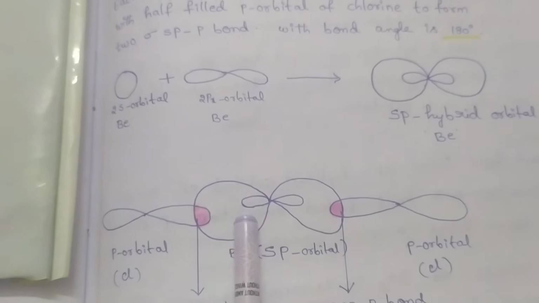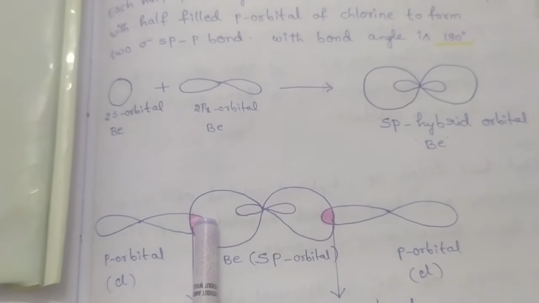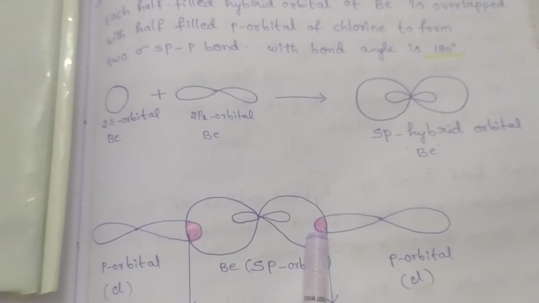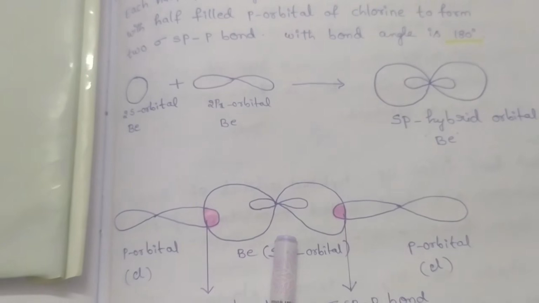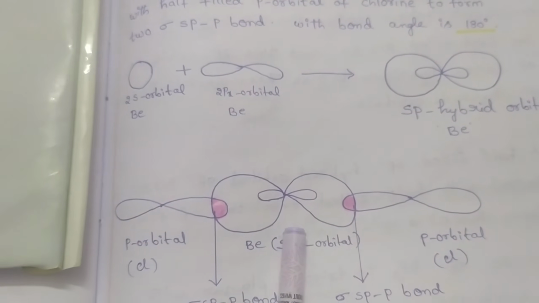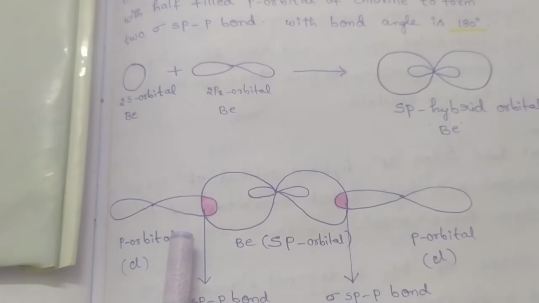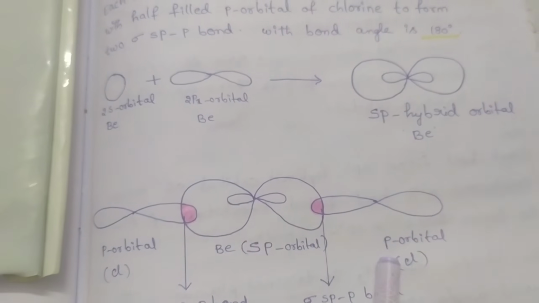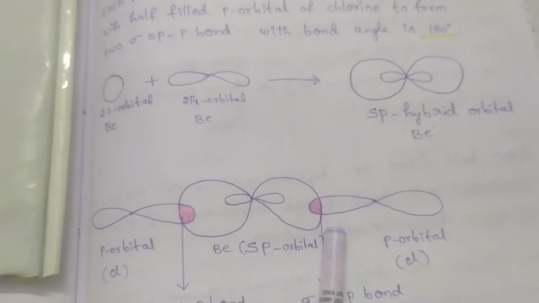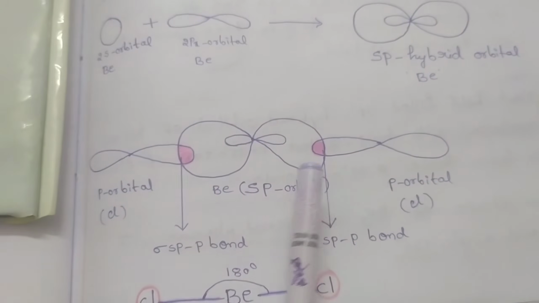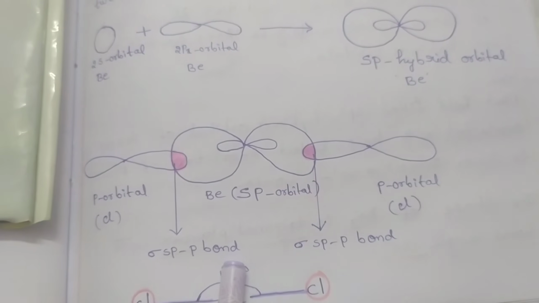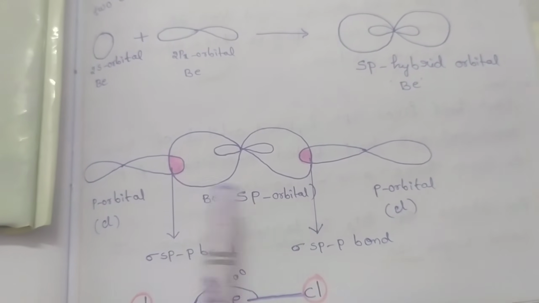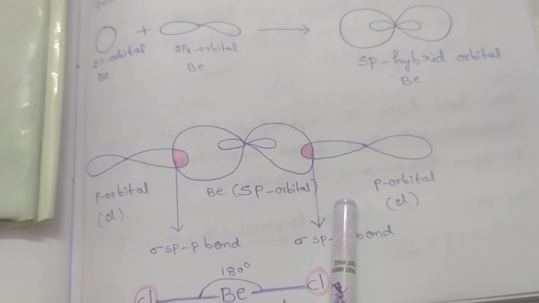Now, these sp hybrid orbitals have single electrons each. These sp hybrid orbitals overlap with the pz orbitals of two chlorine atoms, undergoing axial overlapping to form sigma sp-p bonds. Two sigma sp-p bonds.